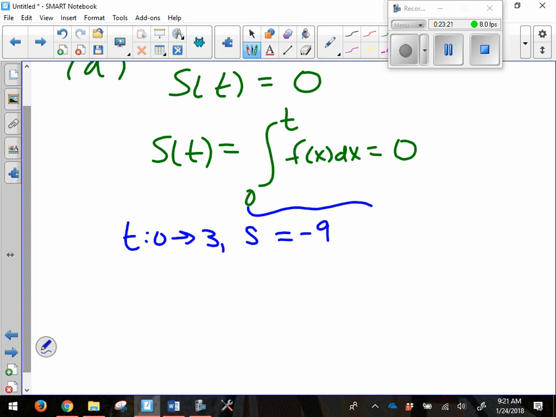But true. So if I start at 0, at t equals 0, and I go -9, I'm going to be back at 0 when? When what, Sari? Why? How do you know that? Yes, it's true when t equals 6, but how do you know that?